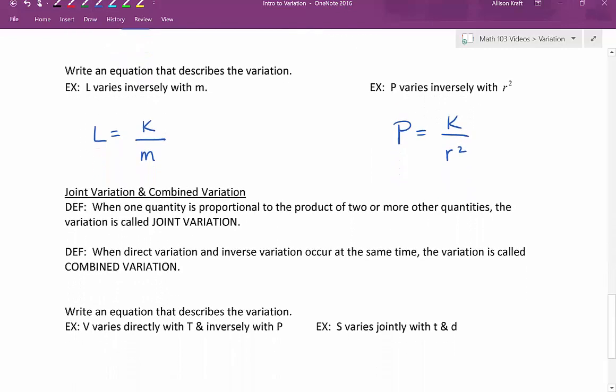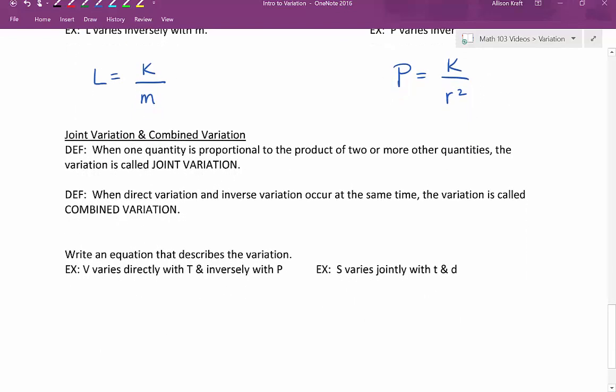And we do have two other kinds of variations that are just extensions of direct and inverse variation. When one quantity is proportional to the product of two or more other quantities, the variation is called joint variation. So with joint variation, you're just multiplying k by multiple variables.